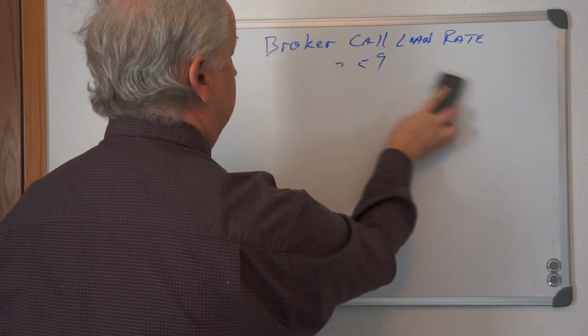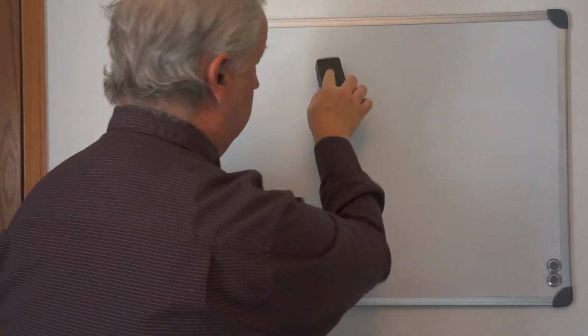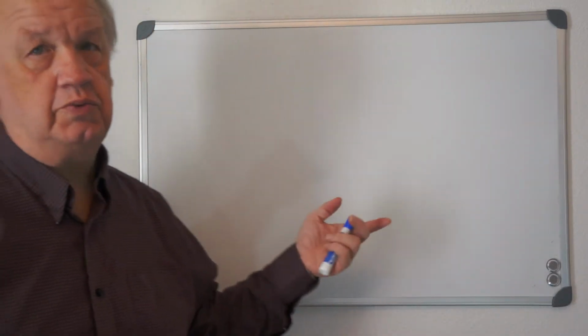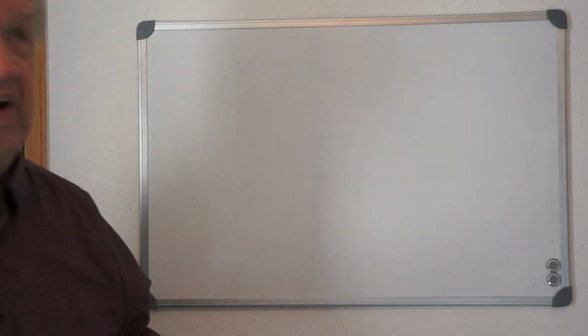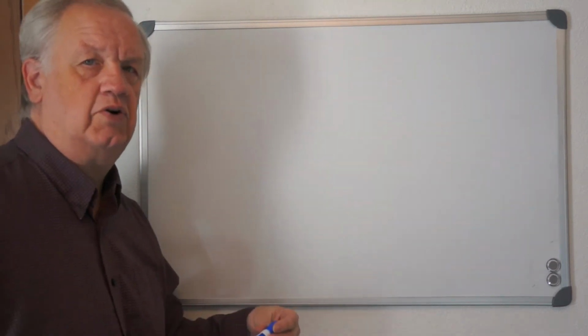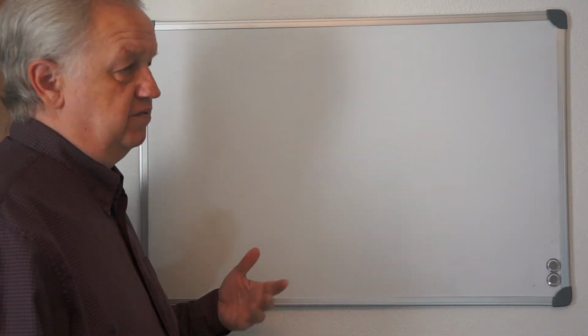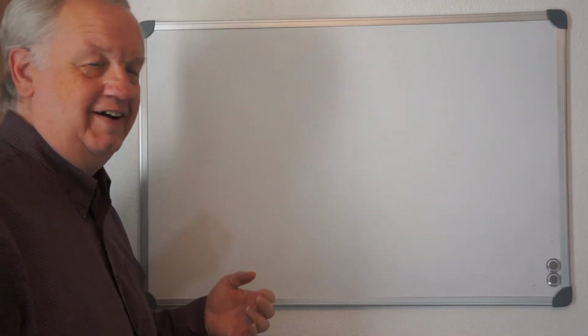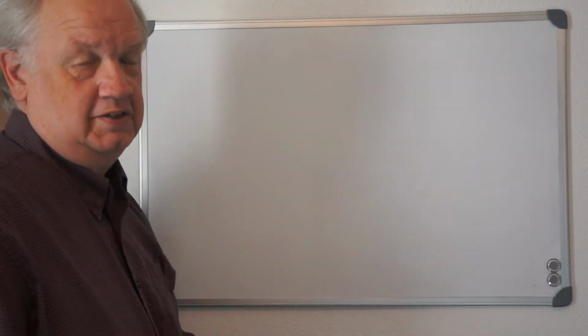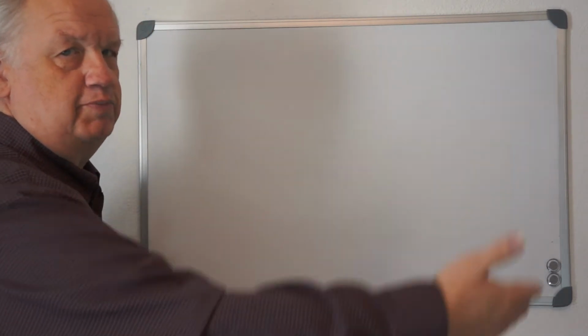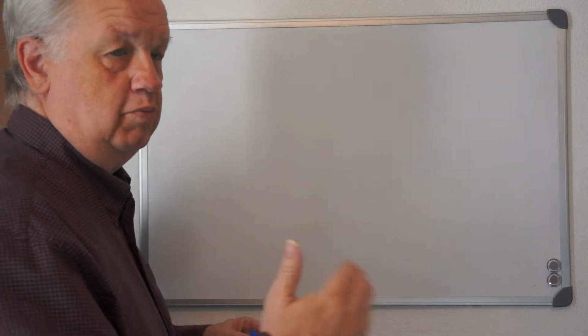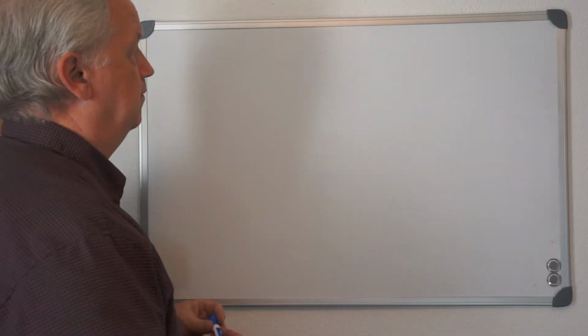So now, that broker call rate, to the broker it's 3 to 4%, maybe 5 or 6, who knows what the interest rates are at the time. But to the customer, you can figure they double it. Easiest way to say it is the brokerage firm is going to mark it up to you, the customer.